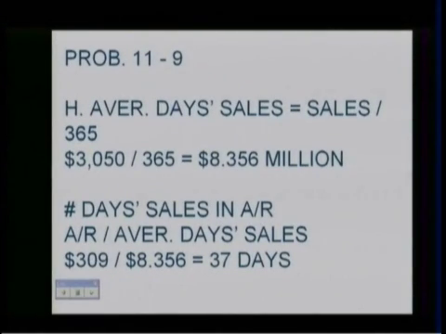Then you take the accounts receivable, 309, divided by that number, 8.356, and you get 37 days. That means that your accounts receivable, on the average, consists of 37 days of sales. So you have to go for 37 days, which is a little over a month, to accumulate all the sales that are in accounts receivable.